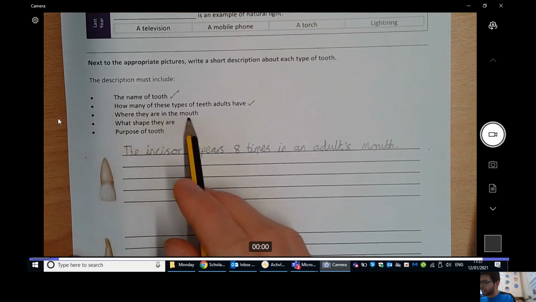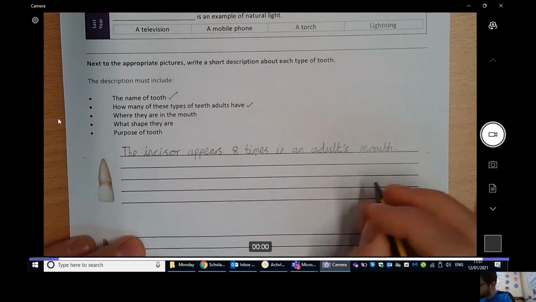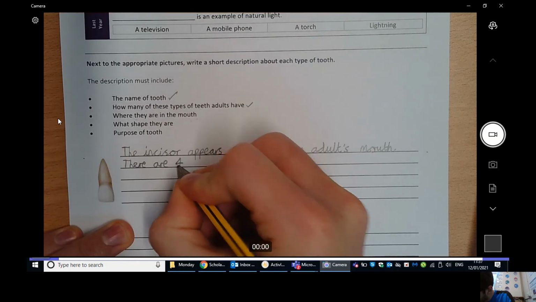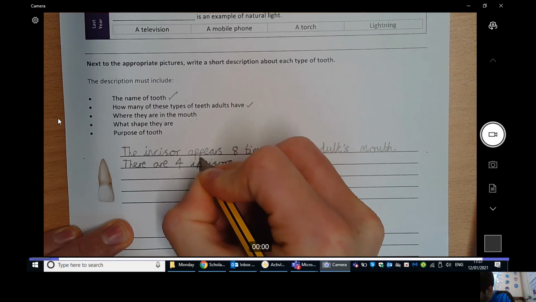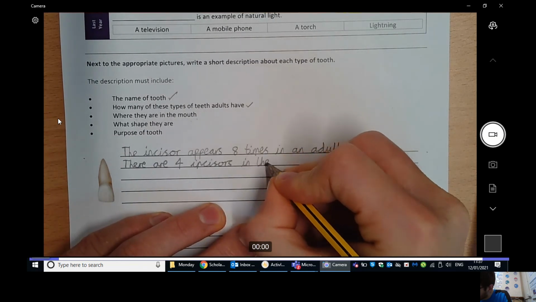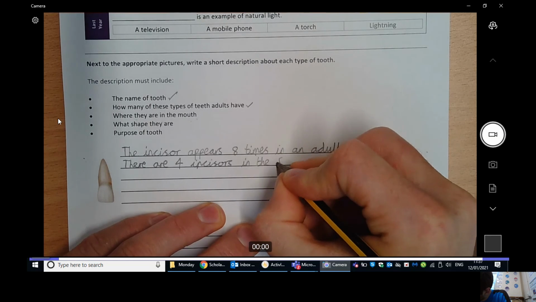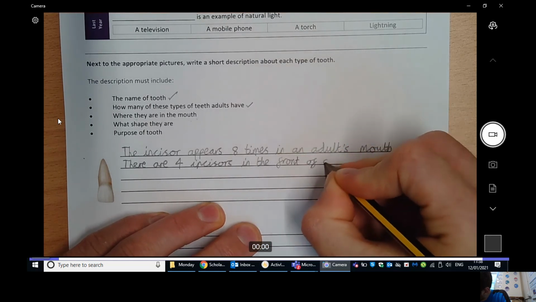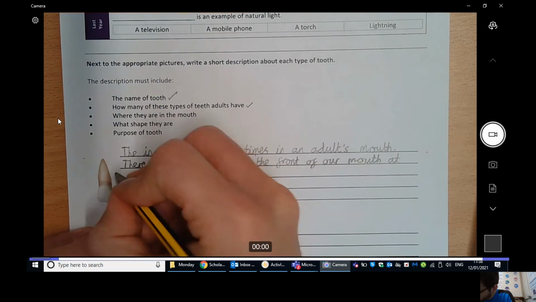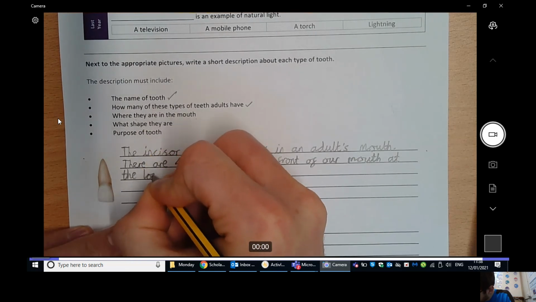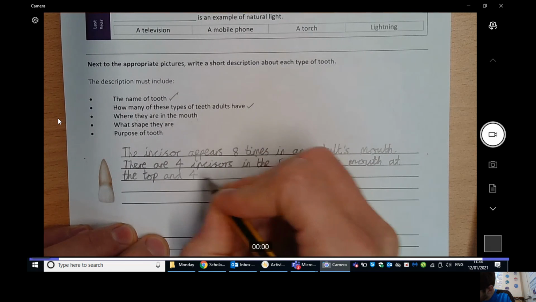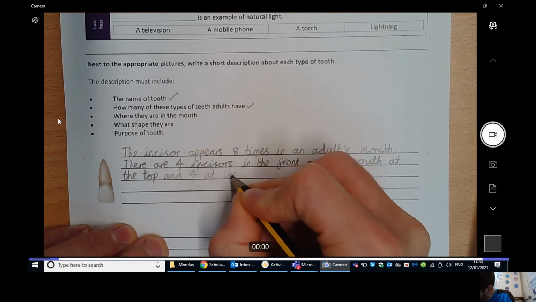So we need to say where they are in the mouth. So think about where the incisors are. Well, I know there are 4 incisors in the front of our mouth at the top and 4 at the bottom.